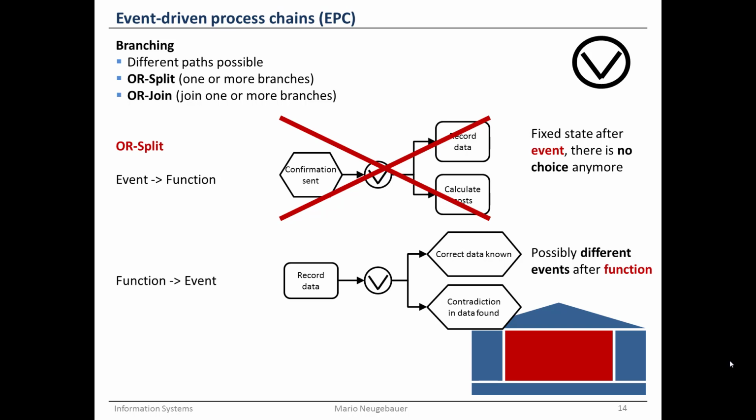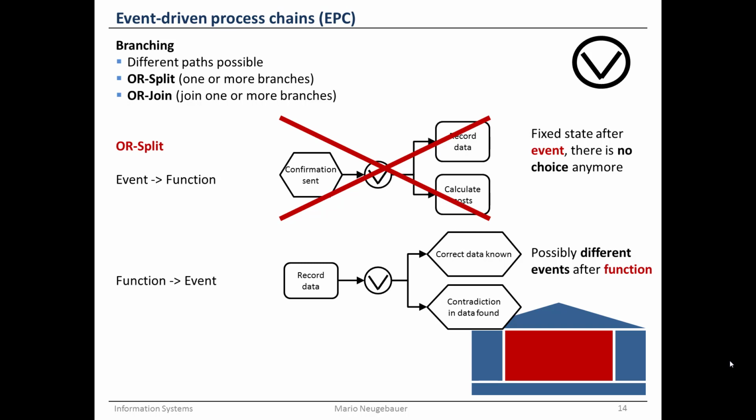Now, if you look at the first example where you first have the event and then the OR split, this is not allowed actually to model it in event-driven process chains. Why not? Because if you have this certain state that the confirmation is sent, then this event describes one fixed state in your business process. And after the event, you actually are not able to do a choice anymore.